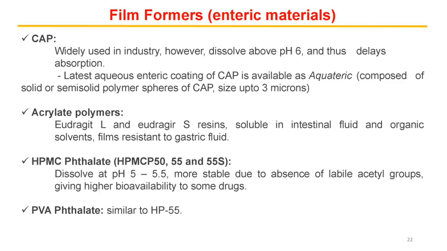Acrylate polymers, Eudragit L and Eudragit S resins, are soluble in intestinal fluid and organic solvents, films resistant to gastric fluid. HPMC phthalate, HPMC P50, 55 and 55S dissolve at pH 5.5, more stable due to absence of labile acetyl groups, giving higher bioavailability to some drugs. PVA phthalate is similar to HP55.